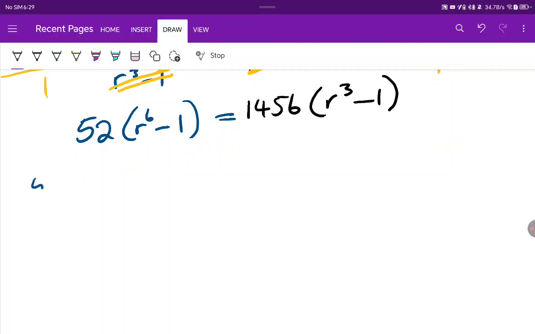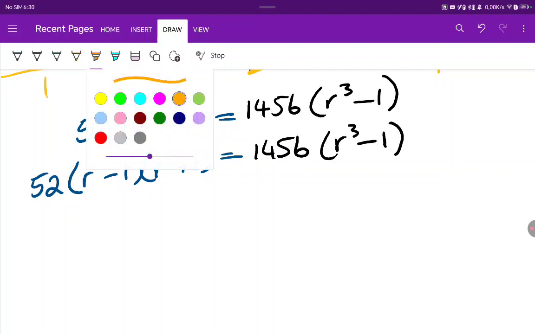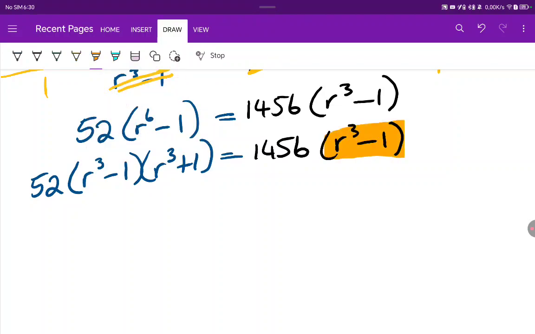Let's do dots here. 52 (r³ minus 1)(r³ plus 1) is equal to 1456 (r³ minus 1). Do you see how these two are the same? r³ minus 1, r³ minus 1. So what we can do is get rid of that.